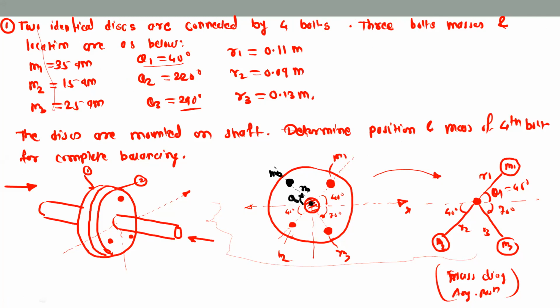So from this center, we will add the balancing mass at radius RB, which is equal to 167 millimeter as per our calculation. Balancing mass we have assumed as 20 gram, as it is not given in the problem. If the balancing mass is given, then you can take that balancing mass and you can find out the radius RB. Okay, and theta B, you can calculate this by using the force polygon.